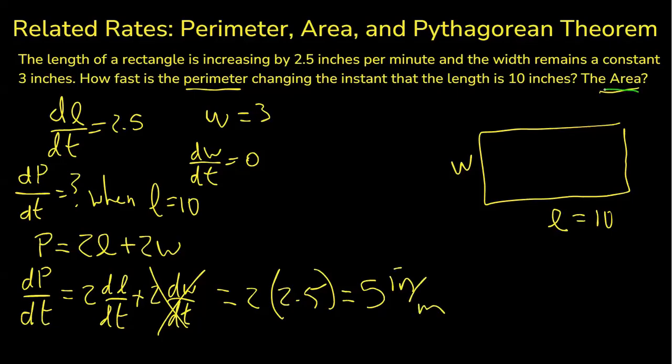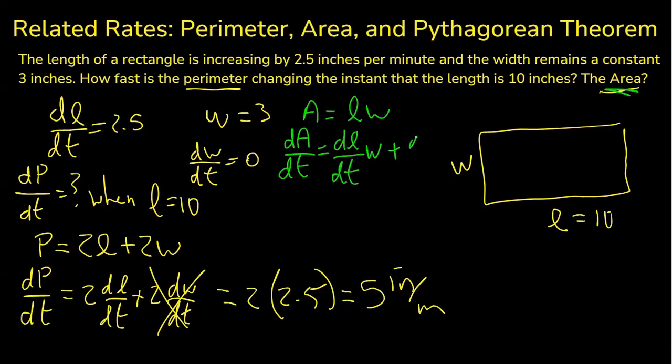Now let's do the second part, the area. We know the area function is length times width. So the rate of change of the area, we would have to use the product rule here. So the derivative of the first, dl/dt, times the second, plus the derivative of the second, dw/dt, times the first. Now, dl/dt is 2.5 times the width.